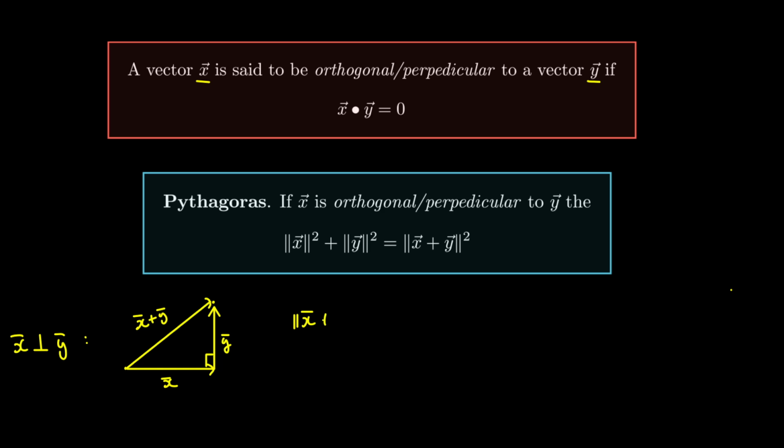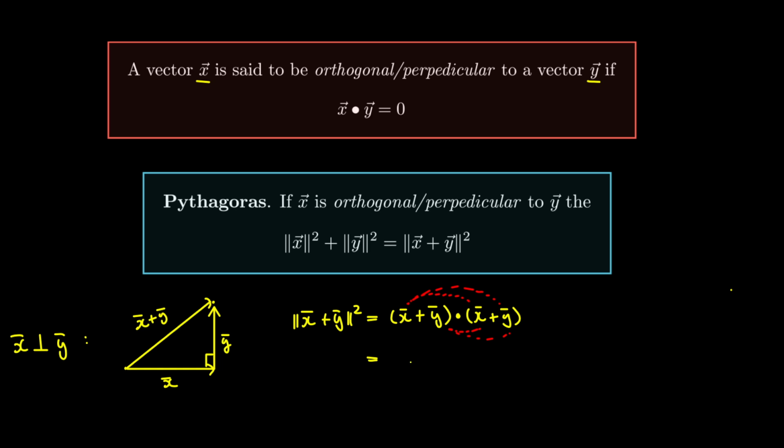And so you can ask, what is the magnitude of x plus y? What is the magnitude of the hypotenuse squared? And then we can again use this law that we saw earlier. I can express the magnitude of a vector squared in terms of the dot product, just like this. And here we can use again our cross multiplication story, multiplying brackets like this. And what do we get here?